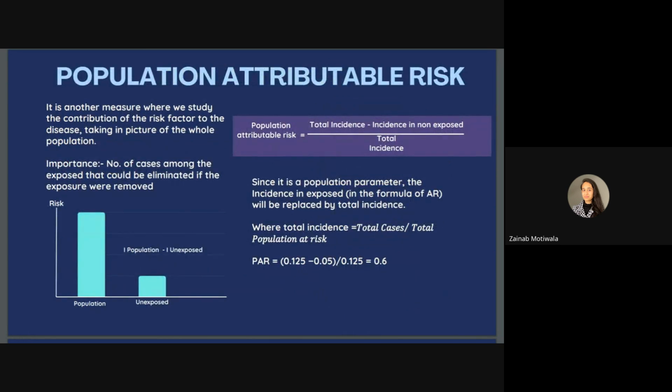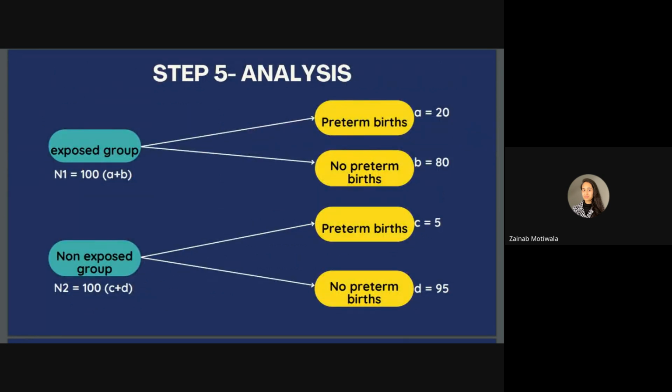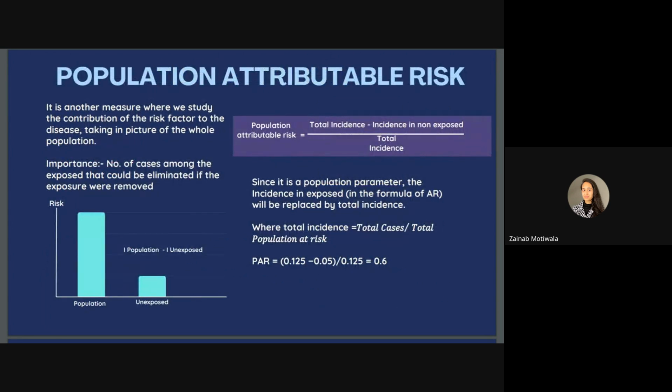So the total incidence would be 25. It would be the entire diseased population, that would be 20 plus 5, that's 25, upon the total number of people in both the groups, 200. So 25 upon 200 is correct.